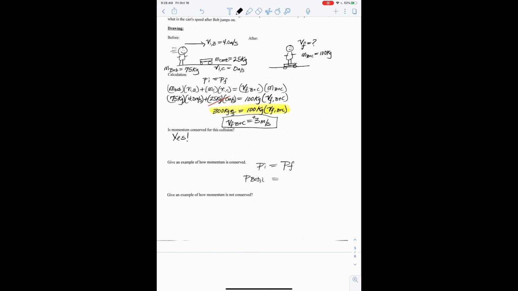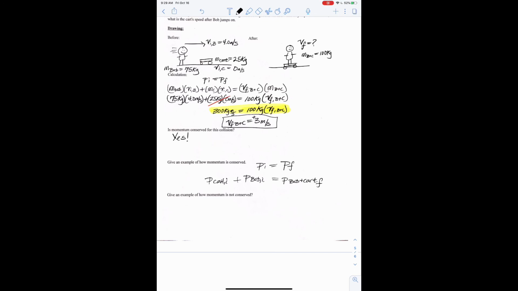And the momentum final is equal to the momentum of Bob plus the cart final. This is how we're saying it's conserved.